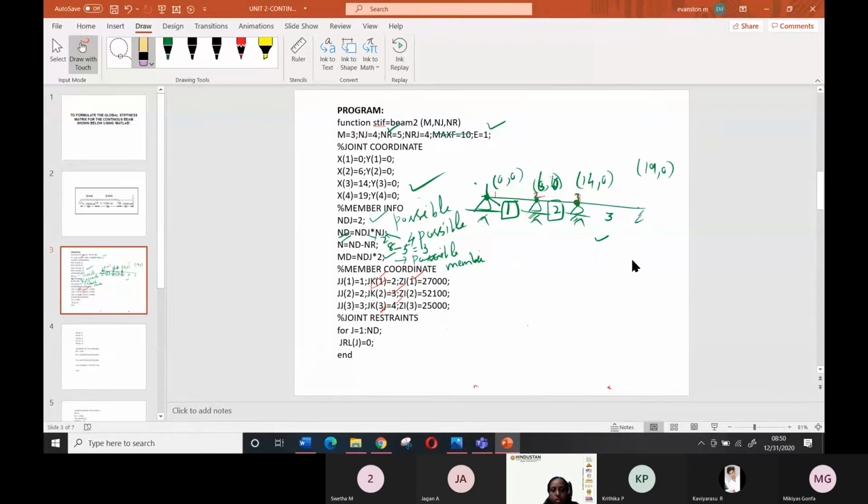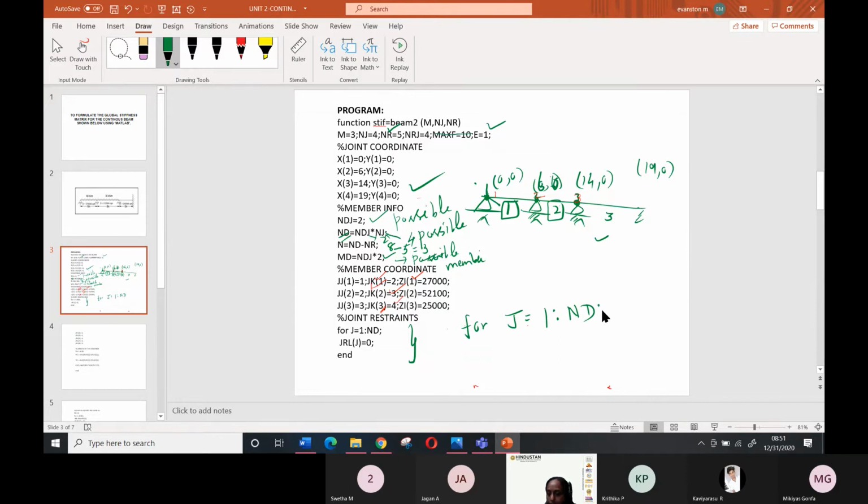Okay, so it's something called initialization of the program. What we are doing here is, for j is equal to 1 to nd, where the semicolon represents that the output is suppressed.